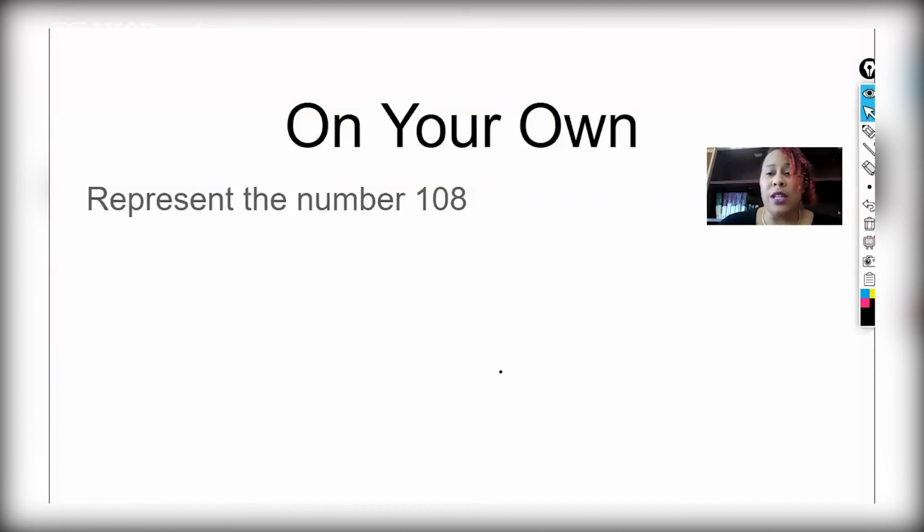And now, boys and girls, it is time for you to try it on your own. Today, we learned about using pictorial models to represent numbers up to 120. On your own, I want you to represent the number 108 using place value blocks. If you want to give yourself an extension and really be a superstar, you can show the number 108 using place value blocks more than one way.